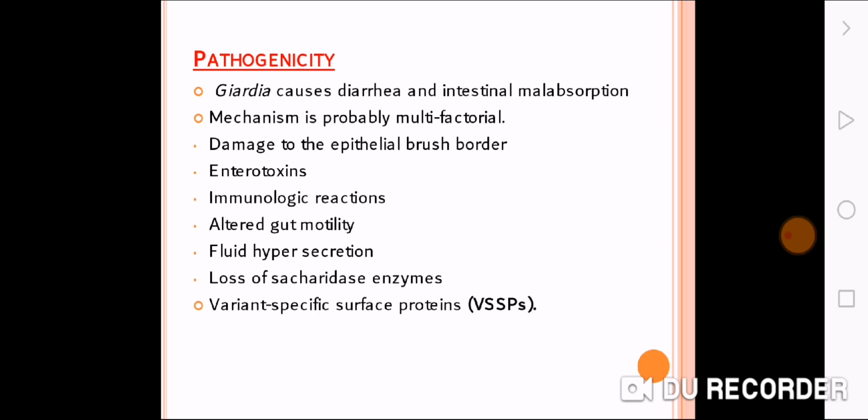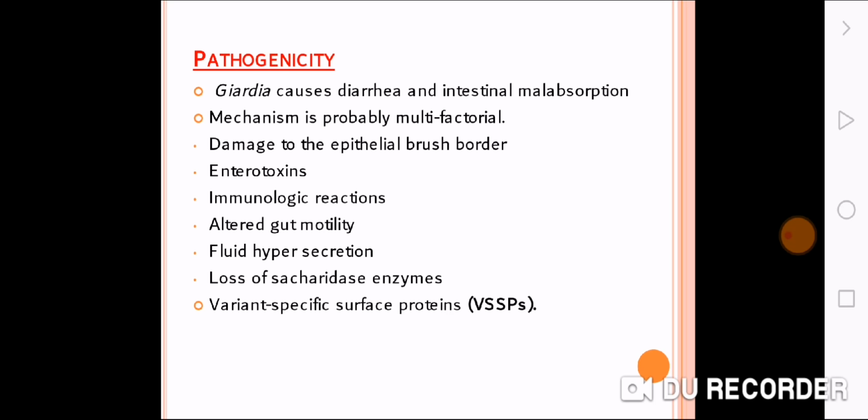Giardia causes diarrhea and intestinal malabsorption. Giardia has many mechanisms that can induce the disease. It can cause damage to the epithelial brush border, and can release enterotoxins.